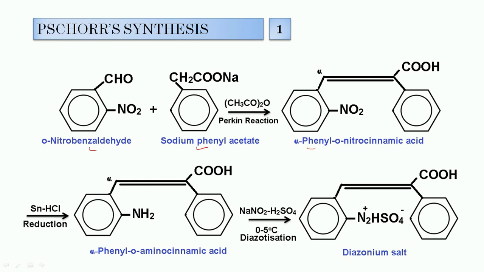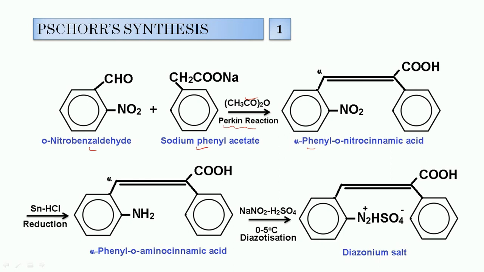This reaction takes place in the presence of acetic anhydride, and it occurs according to the Perkin reaction. Then in the next step, alpha-phenyl-ortho-nitrocinnamic acid undergoes reduction with tin in hydrochloric acid, and it gives alpha-phenyl-ortho-aminocinnamic acid.